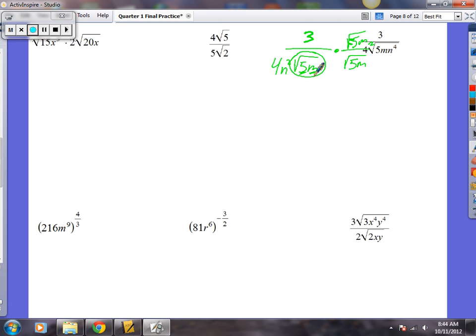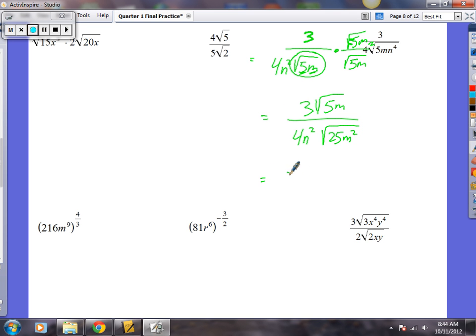That's the same as timesing by 1, so you're not changing the value of anything. Your top is going to be 3 times the square root of 5m. Your bottom is going to be 4n squared times the square root of 25m squared. So now you just created a perfect square. Last step is just simplify it.